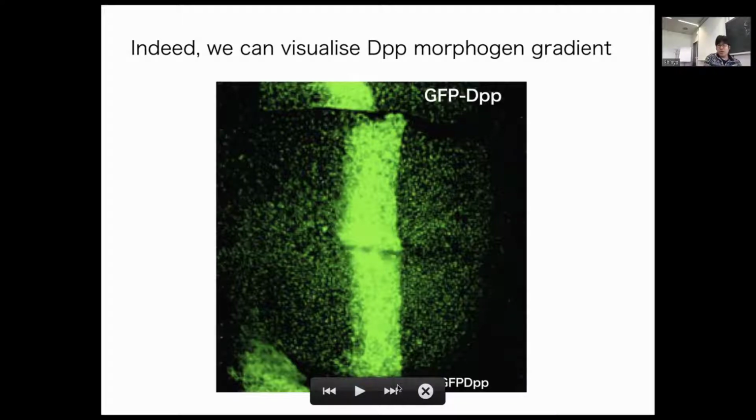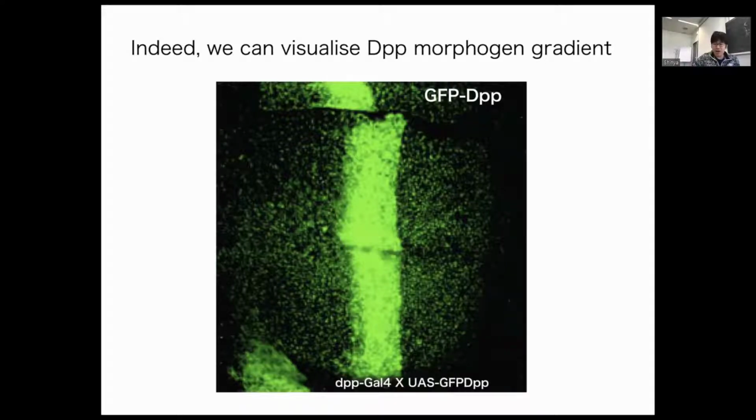By crossing UAS-GFP-DPP flies with flies that have a DPP-GAL4, you can overexpress the GFP-tagged DPP. And you can see a nice, strong signal in the middle. This is the region where DPP is expressed. And outside this stripe, you see a nice shallow gradient. So yeah, this is a result from 20 years ago.